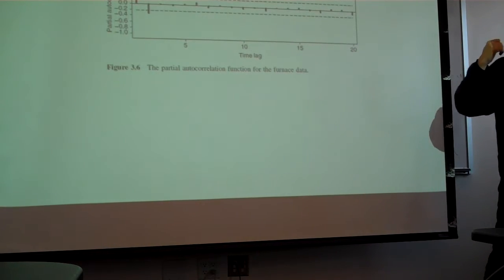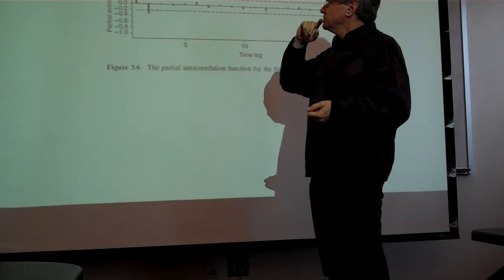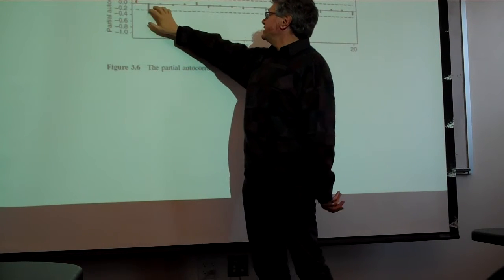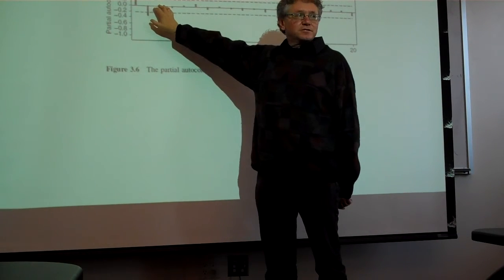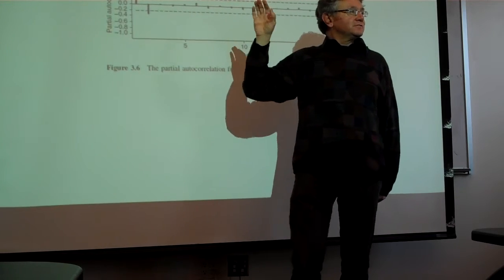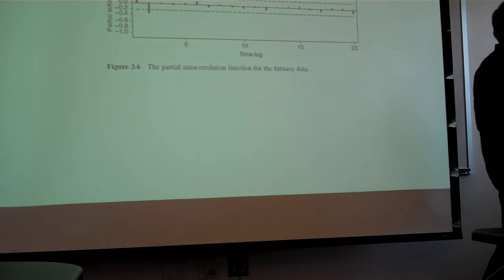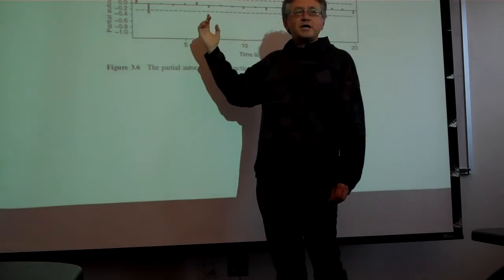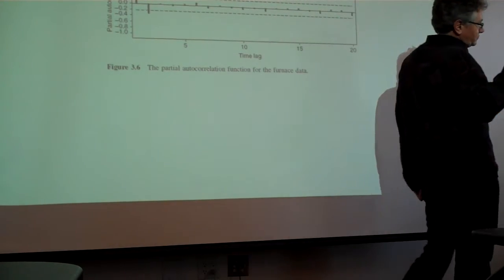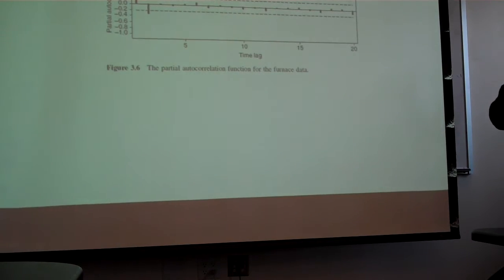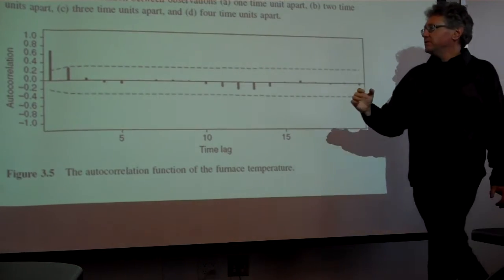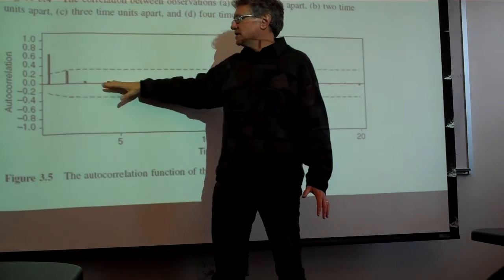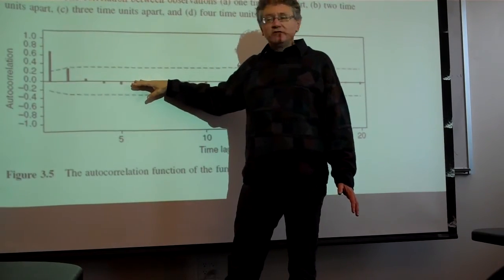And then we see that it very abruptly goes to 0 thereafter. And so an autoregressive process tends to have an autocorrelation function that dies down kind of exponentially to the axis.